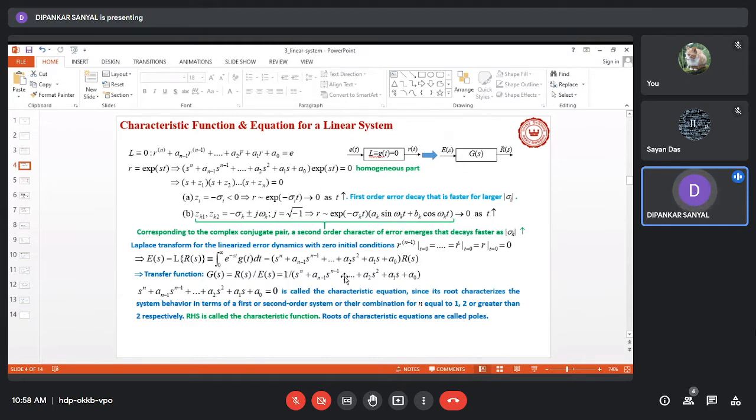The way we are factorizing the denominator polynomial, in a similar way we could factorize the numerator polynomial, and the factors of the numerator polynomial are called zeros, whereas the factors of the denominator polynomial, as we have already said, we call poles.